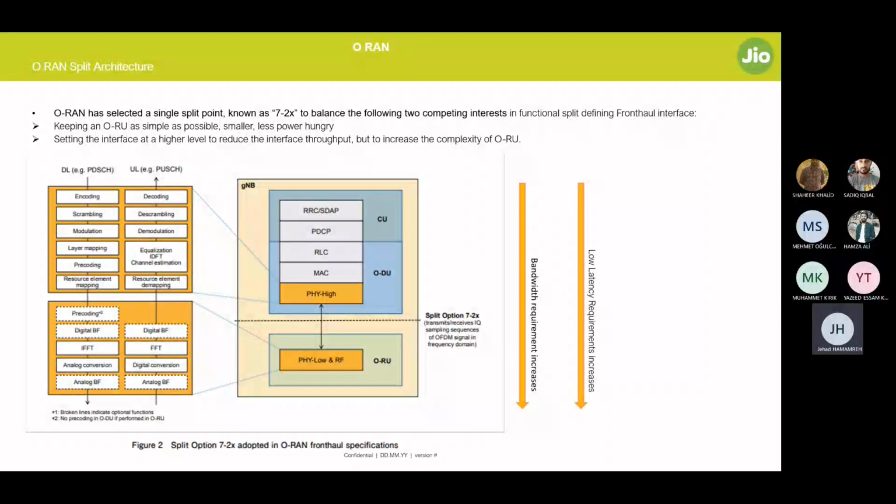So the lower part of the figure on the left-hand side is for all these functionalities, added together as an open radio unit solution, and the upper functionalities are going to be in the distributed unit and control unit. As you can see, modulation and demodulation is going to be in the open distributed unit, which means that you can use this in the baseband unit.